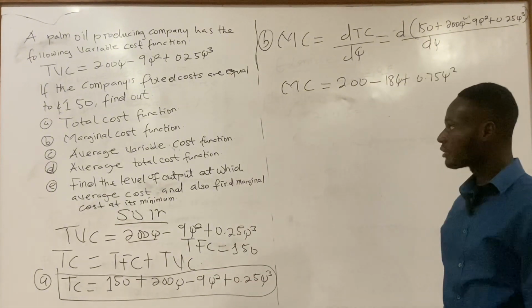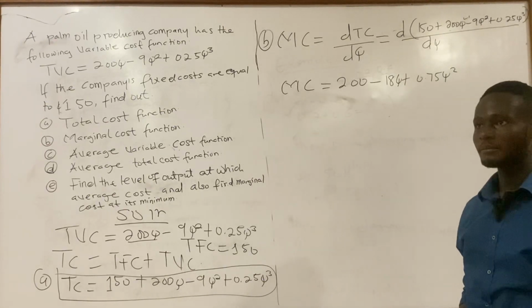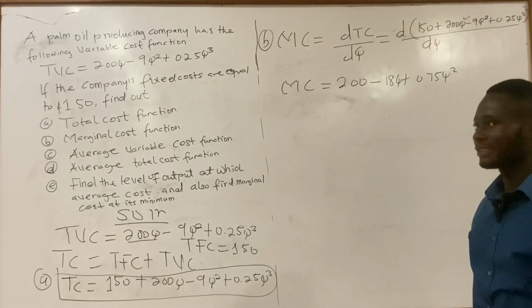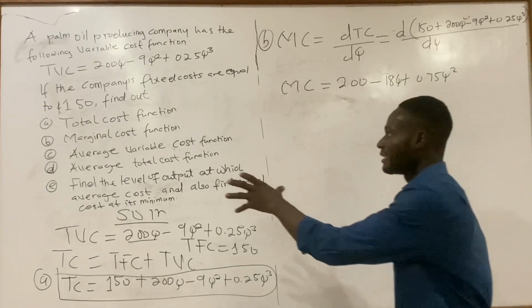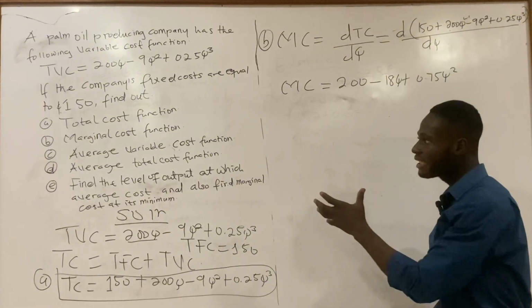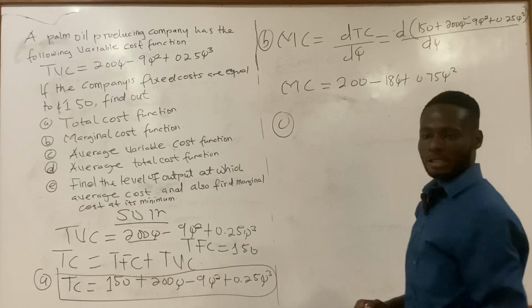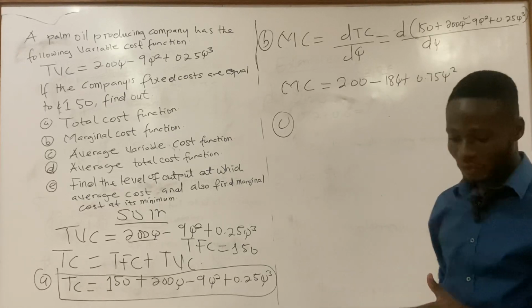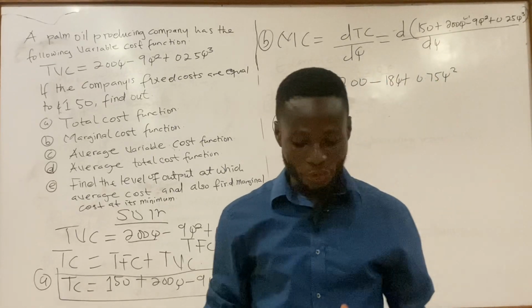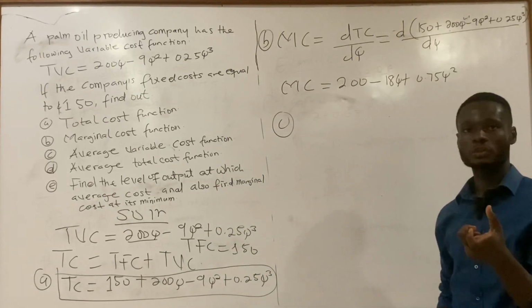So let's look at the next part of the question, which states that we should find the average variable cost function. Finding the average variable cost function, we know that we have the total variable cost.